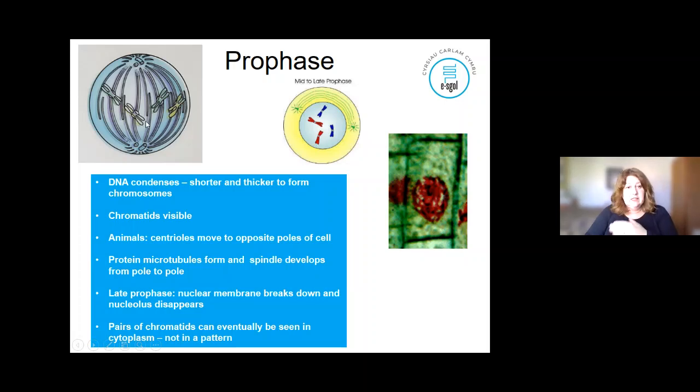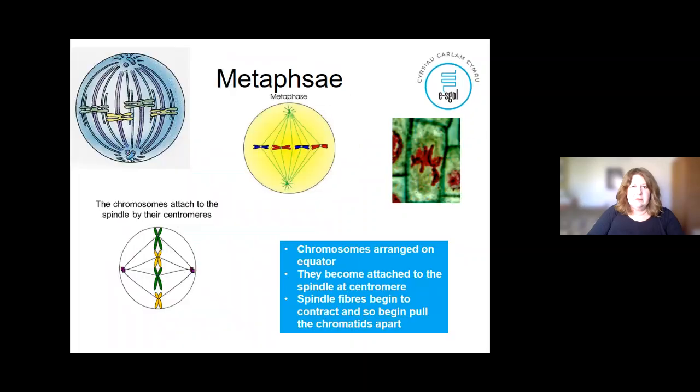And as I say, this is a continuum throughout prophase. The nucleolus, which you'll also see as a spherical, very dark object in the nucleus, will have disappeared as well. So by the end of prophase, you'll see pairs of chromatids in the cytoplasm, taking up quite a lot of the cytoplasm.